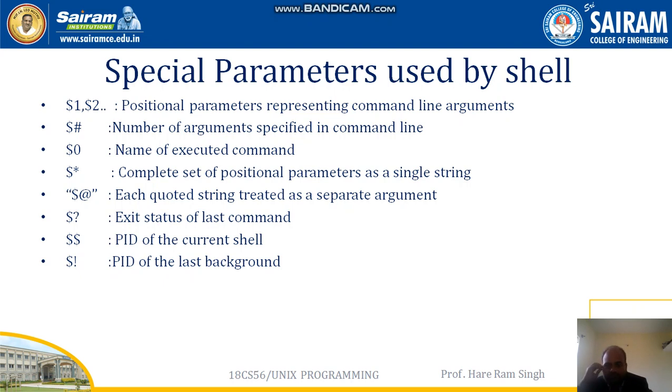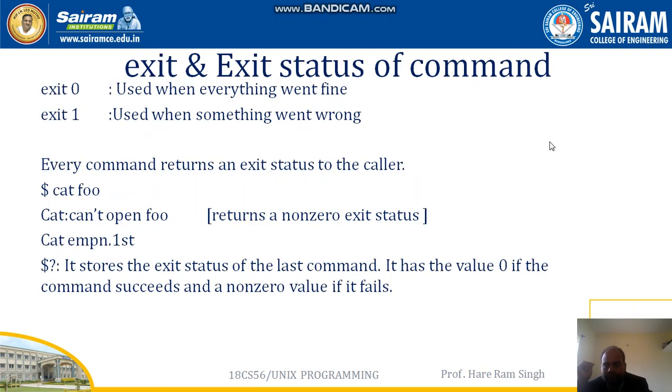Every command when it executes returns either 0 or a non-zero value. If it has executed successfully, it will return 0, otherwise it will return a non-zero value. That exit status will be stored in $?. Now exit 0 is used when everything went fine. Exit 1 is used when something went wrong.